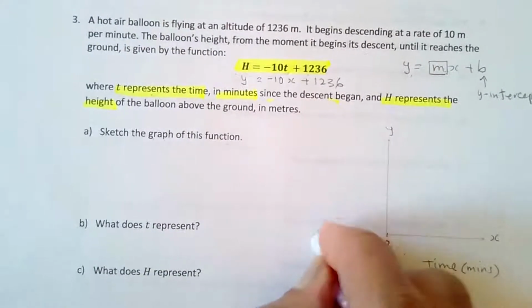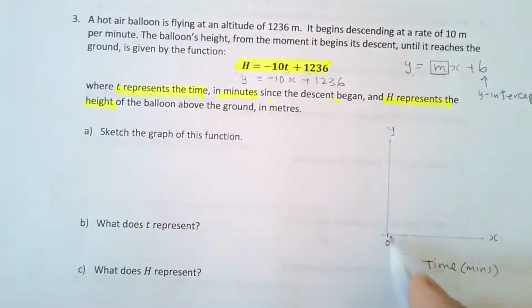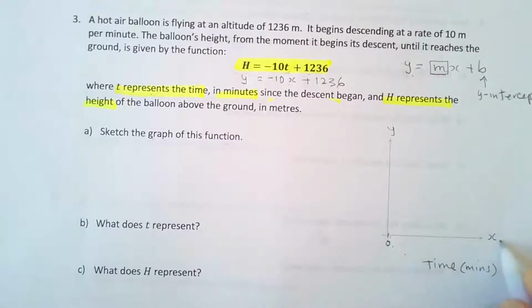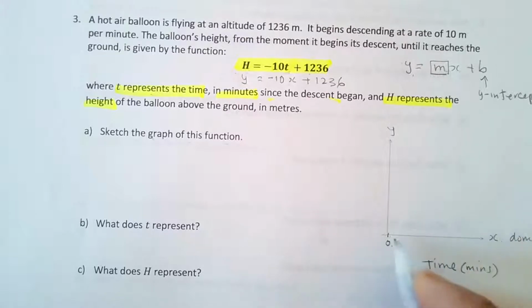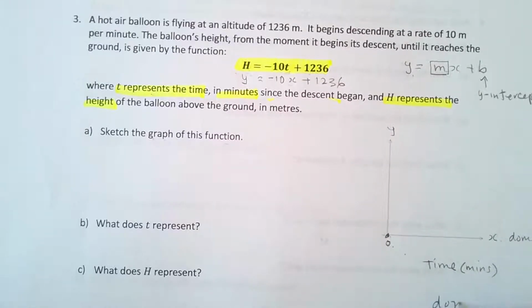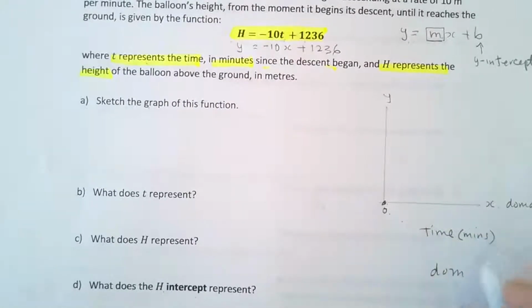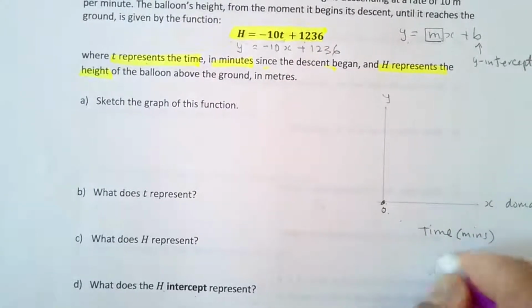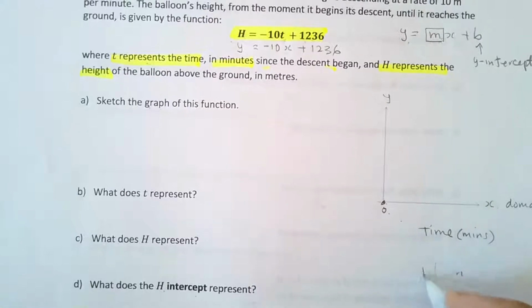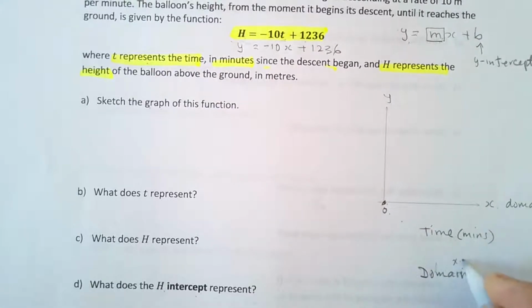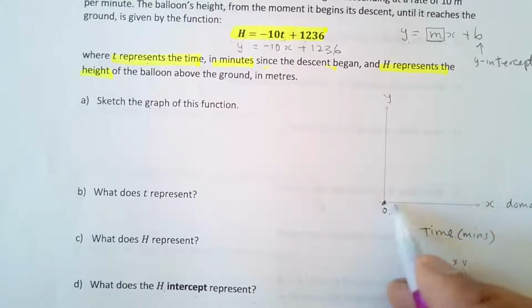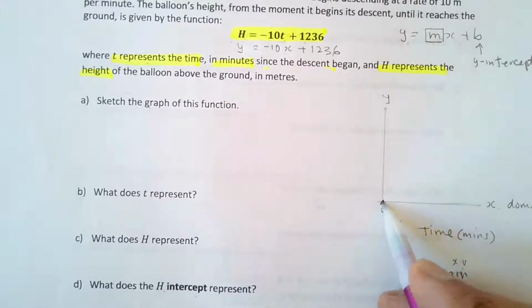So that is why your domain here, now your domain refers to your x-axis. So this is your domain. So where am I starting from? I'm starting from 0. So my domain, if I were to write that here, which is my x values. So where on this graph, where the x-axis graph exists, it will be from 0 onwards.